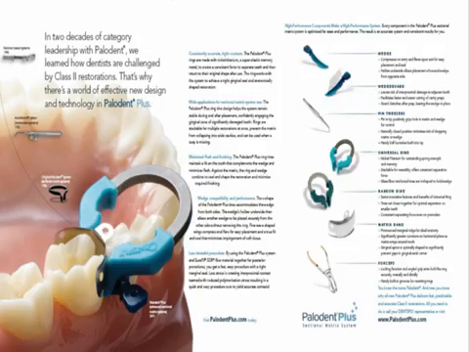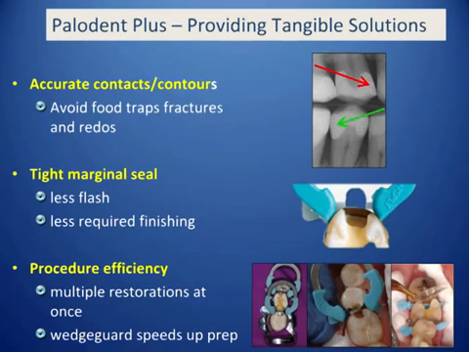Our matrix bands, and we actually have an upgrade days away to a coated band or a slick surface band to prevent composite and adhesive from sticking to that band during application, as well as our forceps at the bottom. So we want to look at providing tangible solutions, again, looking at how functionally we can apply the materials easily and more correctly into the tooth, and how that will lead to better procedural efficiency along the way.